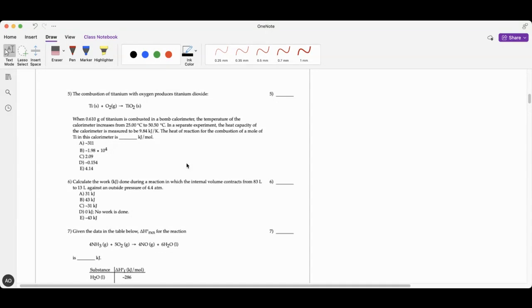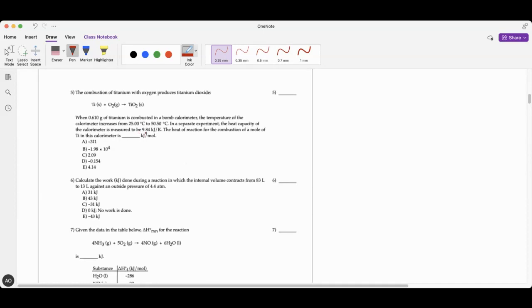So in a separate experiment, the heat capacity of the calorimeter is 9.84 kilojoules per Kelvin. The heat of reaction for the combustion of 1 mole of titanium in this calorimeter is how many kilojoules per mole?